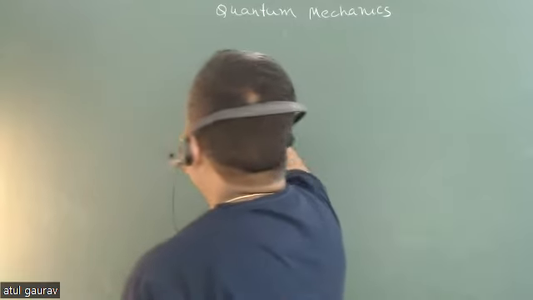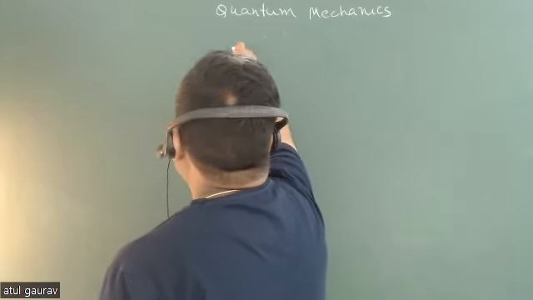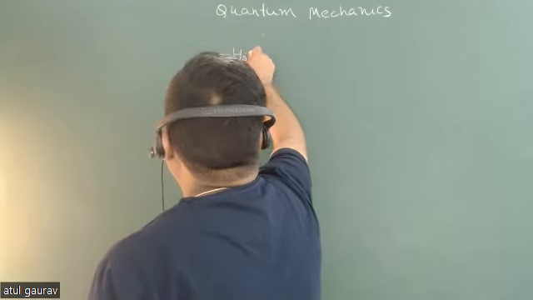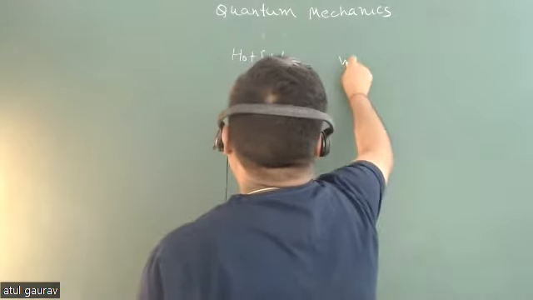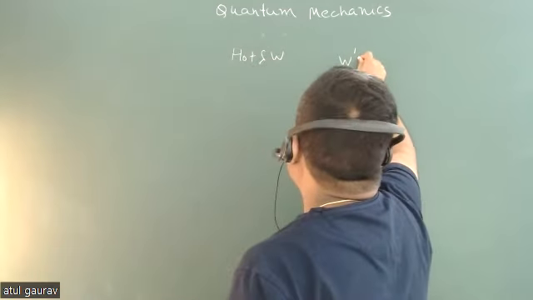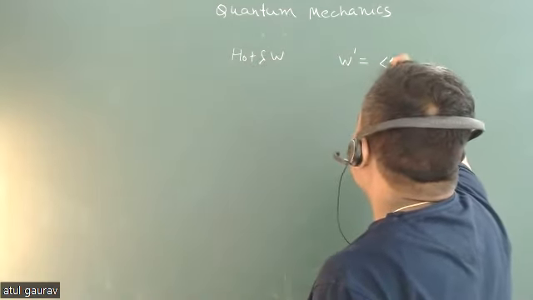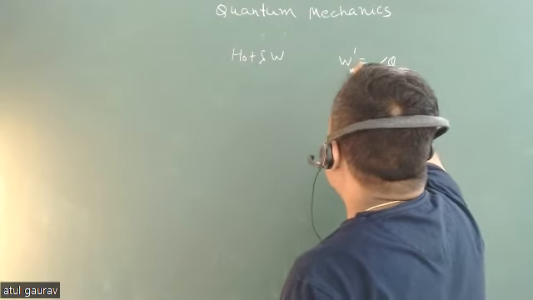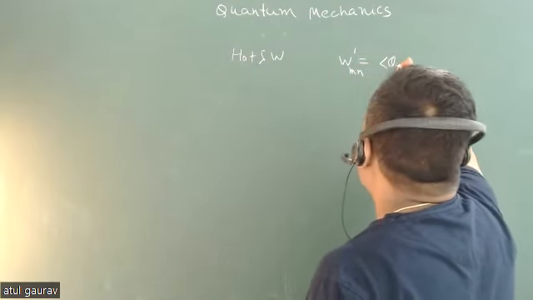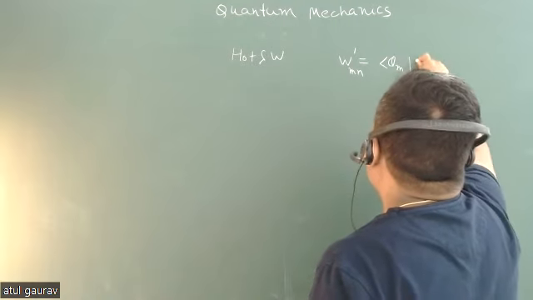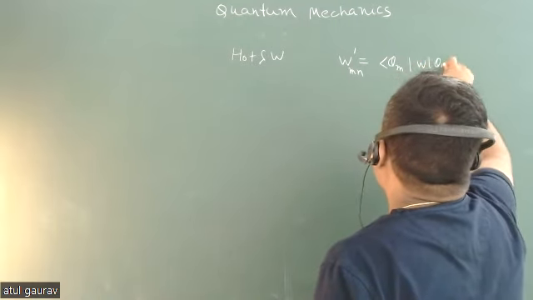The real challenge is you have your H0 and you have lambda W. You have to write W dash in a basis, and the matrix element of W dash is W dash mn, which can be written as Wm Wn.